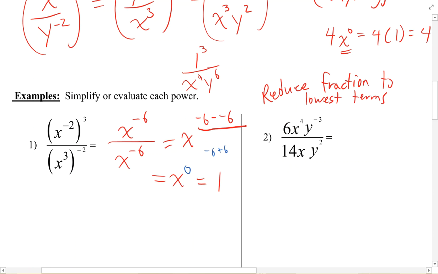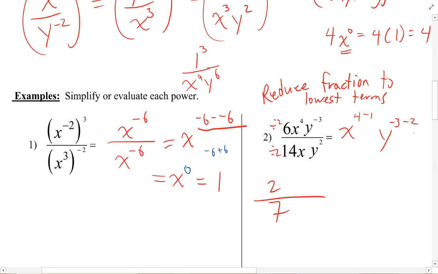So this one here, the 6 and the 14, you can divide by 2, divide by 2. So you get 2 over 7. And then we can divide our x's. What's the work on the x when we divide it? 4 minus 1. What's the work on the y?